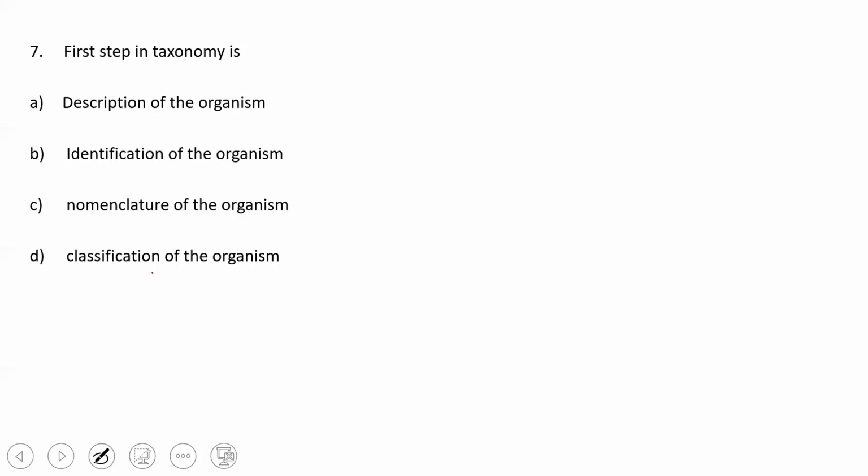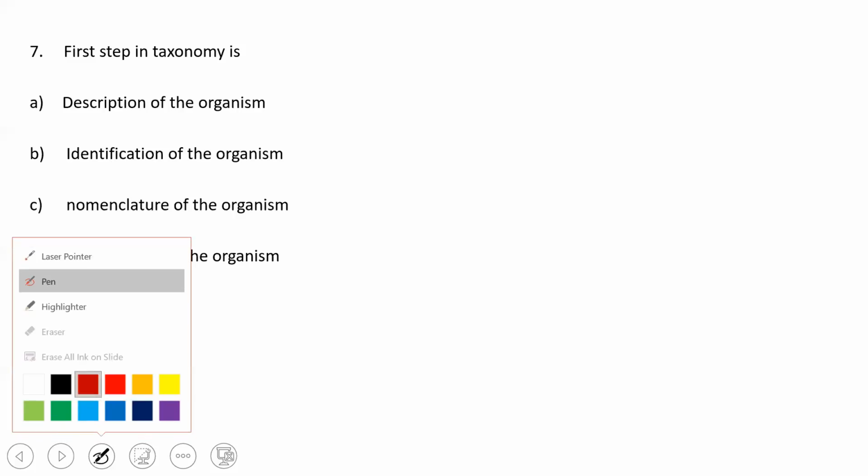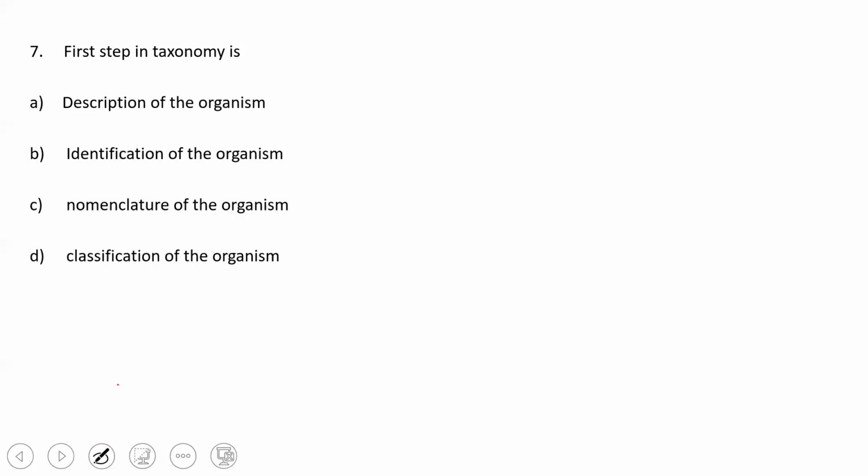Out of these 4 processes, which is the first step? When we look into any organism, we first need to identify the organism.